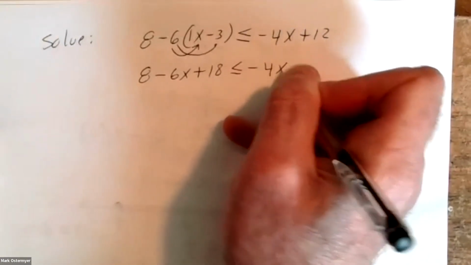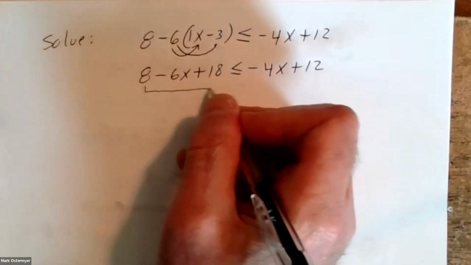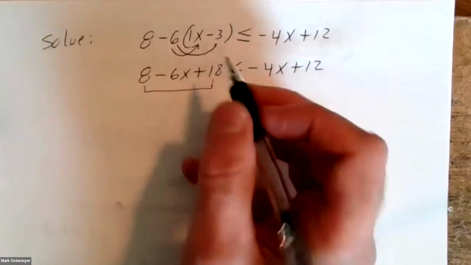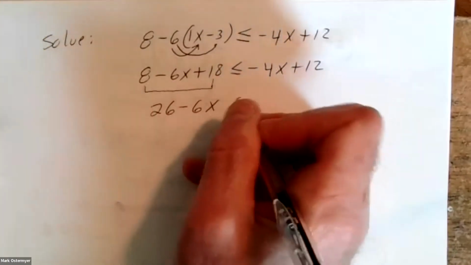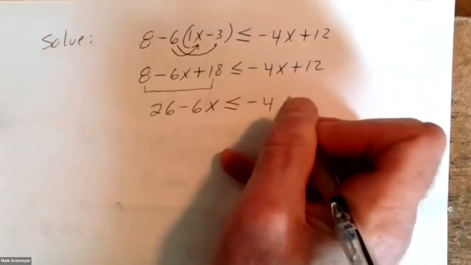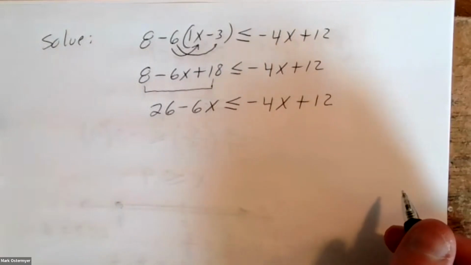No simplifying necessary on the right side of our inequality. Left side, we have a little more simplifying to do by combining like terms. 8 plus 18 combined to give you 26. Now it's time to separate the variable terms on the left side versus the constants on the right side.